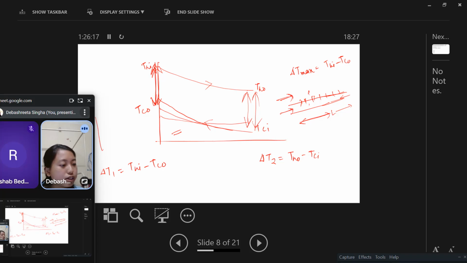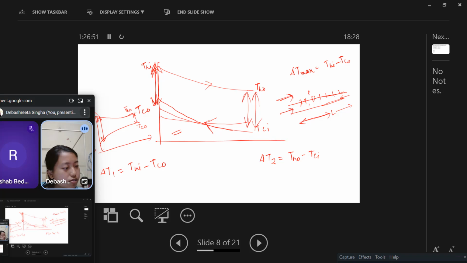For parallel flow, it is very easy to visualize. THI, TH naught, TC naught, this is TCI. So delta T is maximum at the inlet. You know that. For counter flow also, delta T is maximum, sorry, not at the inlet, because the direction is reversed in counter flow.